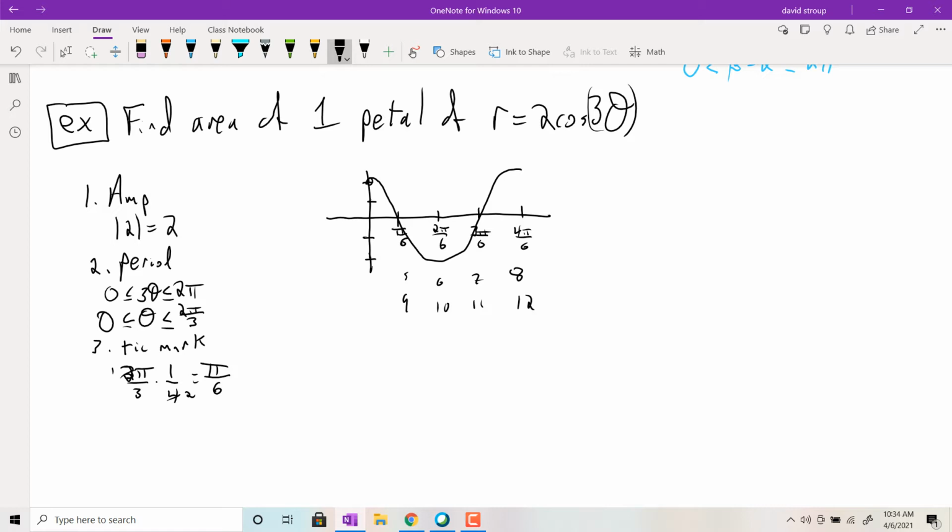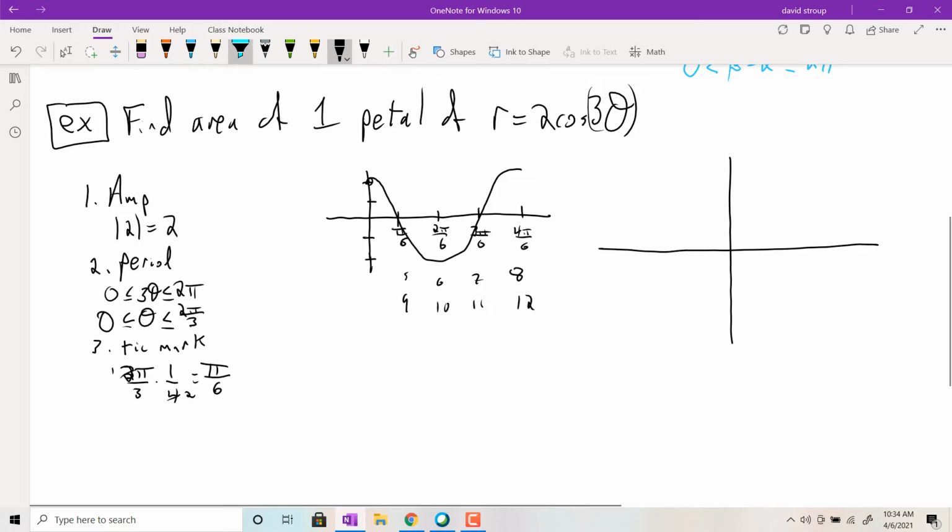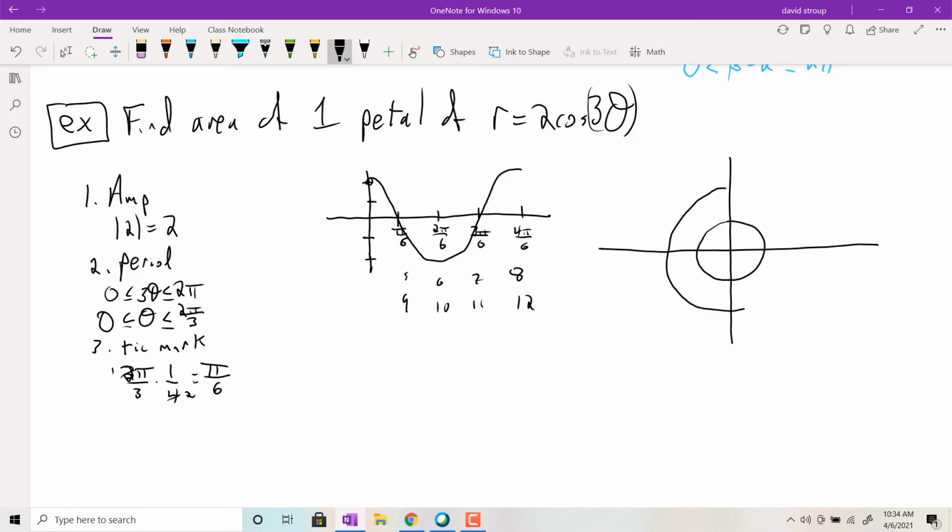Then I'm going to get my picture. It looks like I need 2 circles. And then my angular lines I'll be putting at pi over 6s, so pi over 6, basically 30 degrees, and then 60 degrees.